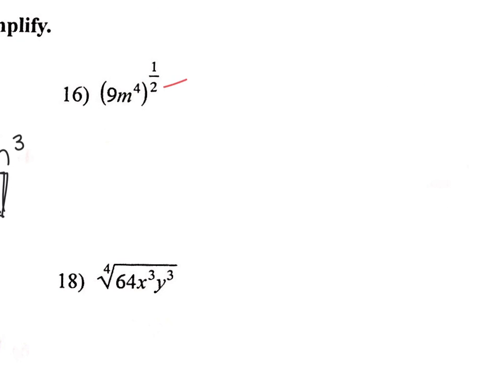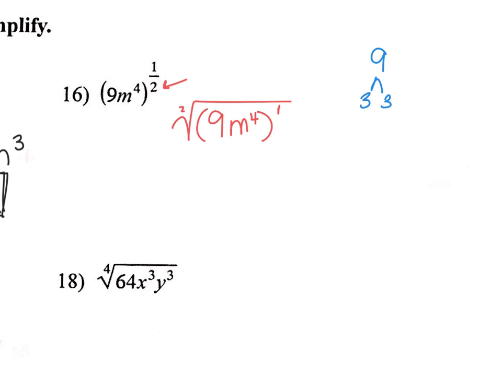We're going to rewrite it first. Root on the bottom, square root of 9m to the fourth, power on the top to the 1. Now remember, anything to the 1 power is just itself, so that's not 100% necessary to write. And now square root just means we need to break down. So we're going to break 9 down, 3 and 3.